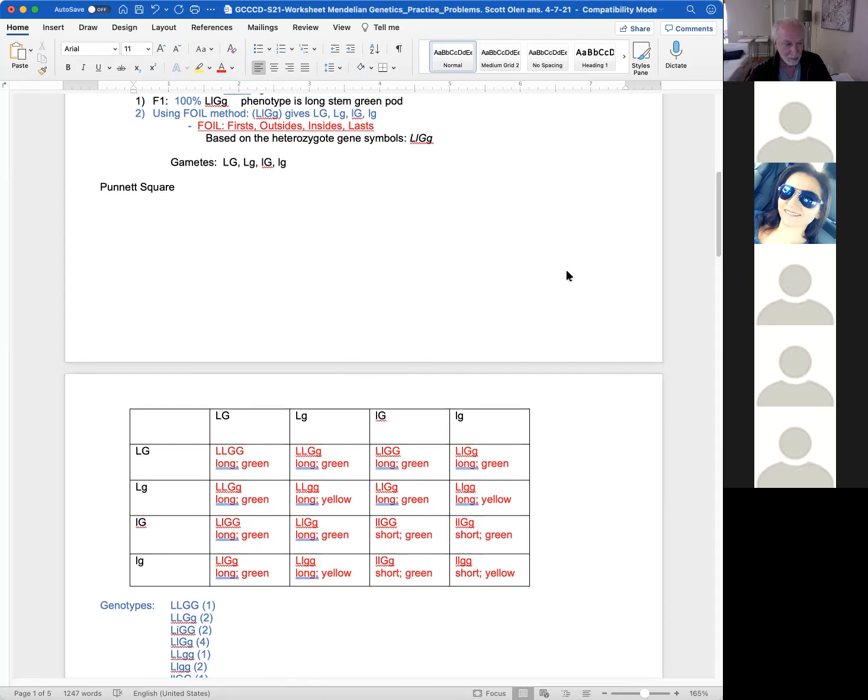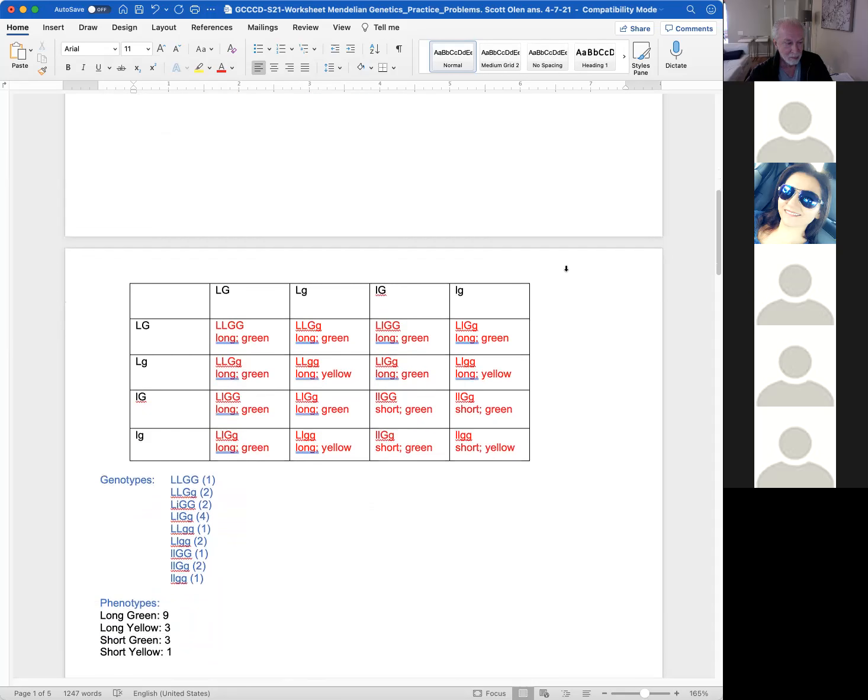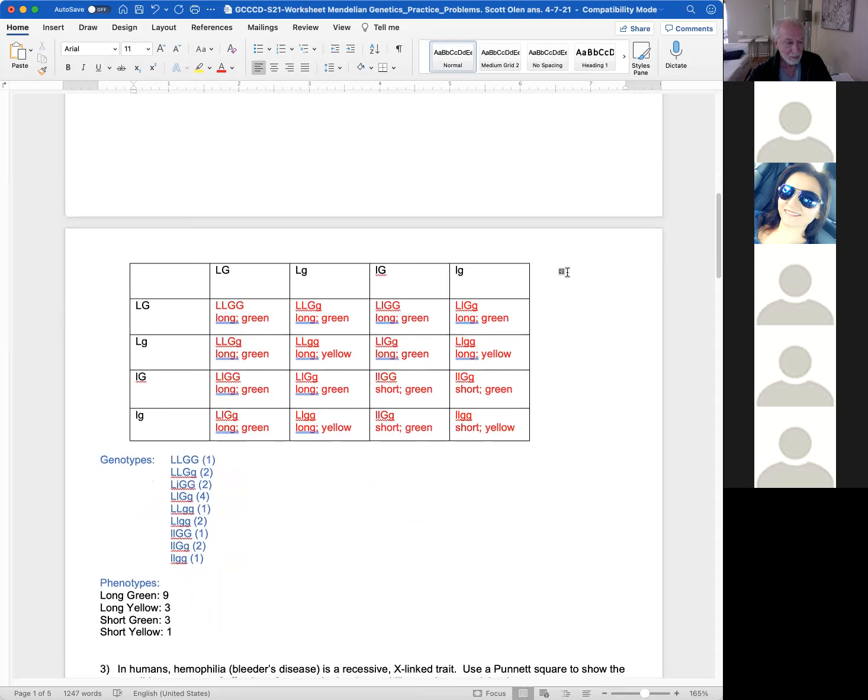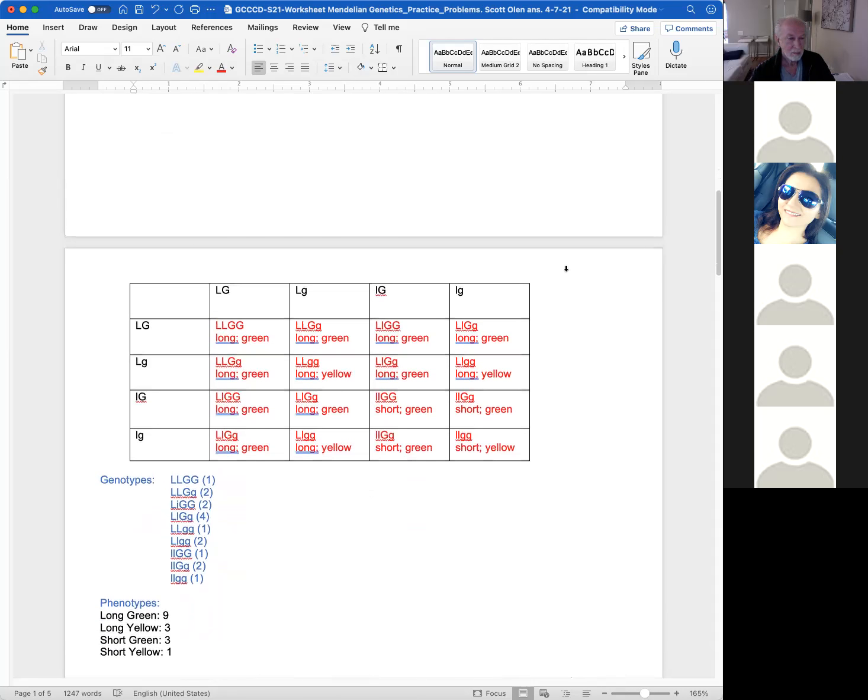Along the top axis, we've set up one parent and all the possible gametes. On the left-hand side, we've set up the other parent and all the possible gametes. Then we simply start looking at combinations. A big L with a big L gives me big L, big L. A big G with a big G gives us big G, big G. And we know that phenotype will be long-stemmed and green. We do this for each individual gamete combination, and you will come out with a table that looks something like what you see here.